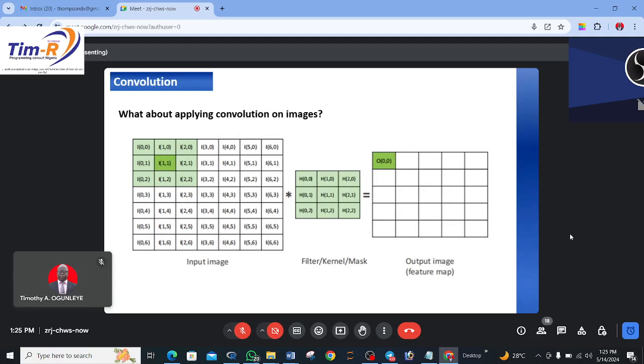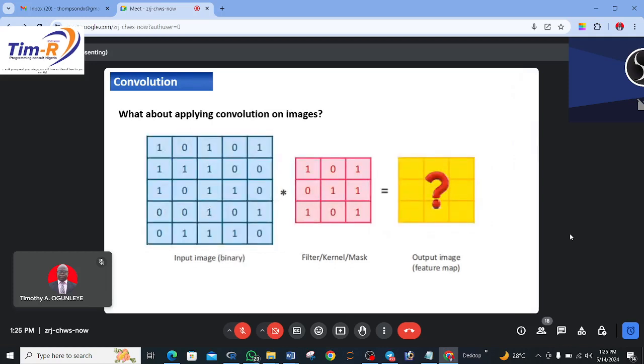Now, we want to talk about a binary input image, where we have zeros and ones, and where the filter, kernel, or mask is also binary. If we convolve these two together, what is going to be the output?